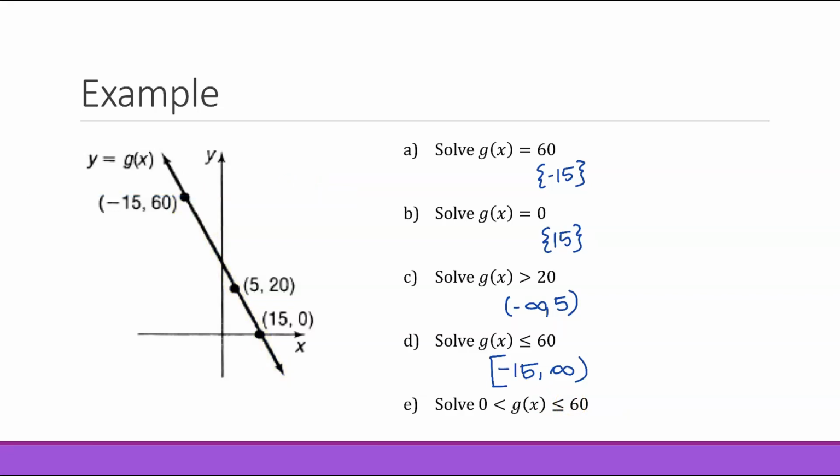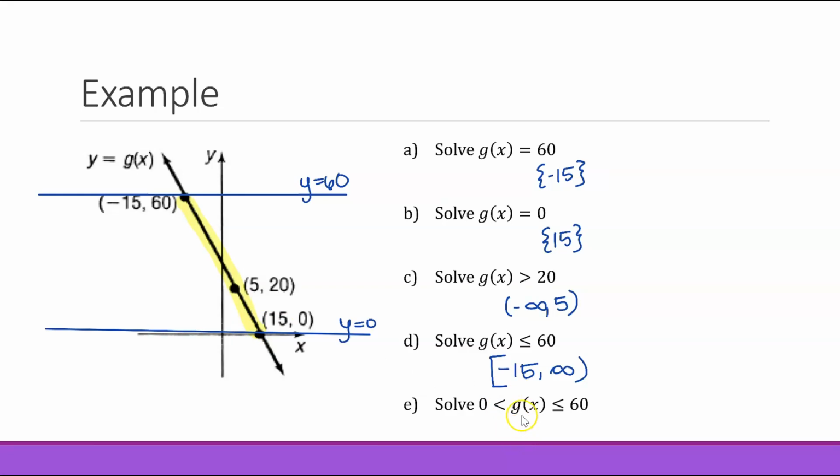Whoops, I could have left that line. I'm going to keep a line right here at y equals 60, and I'm going to emphasize the x-axis because that's y equals 0. And we want to know, on what x values is g of x trapped between 0 and 60? So that's this region here.